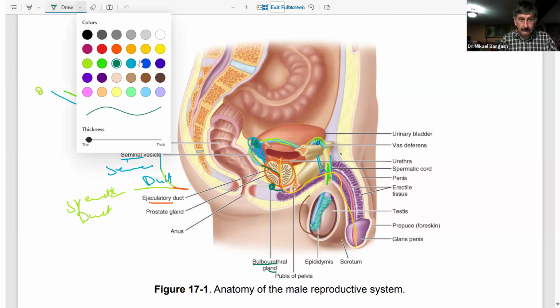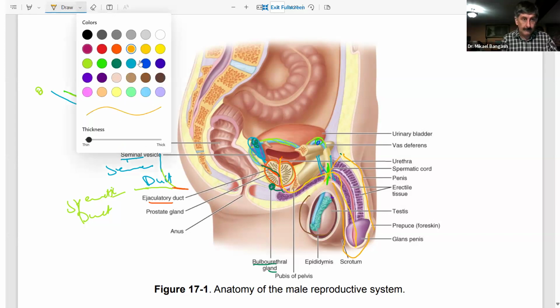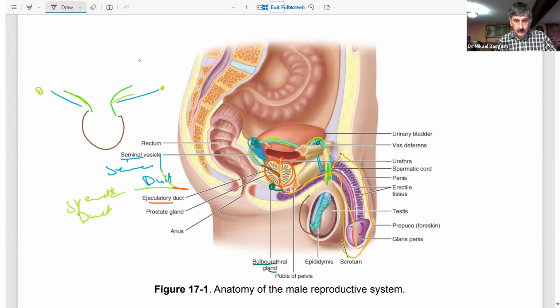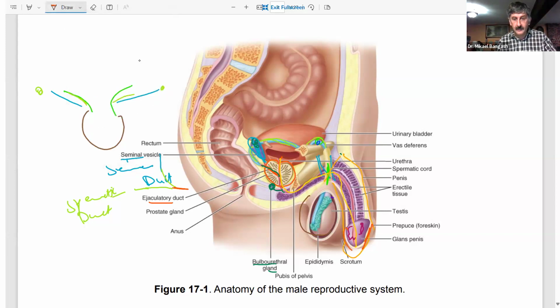In the penis, guys, this fellow here, this was the glans penis, which we mainly said has this loose fold of skin that we call the prepuce or foreskin, which could be cut off in case of circumcision.